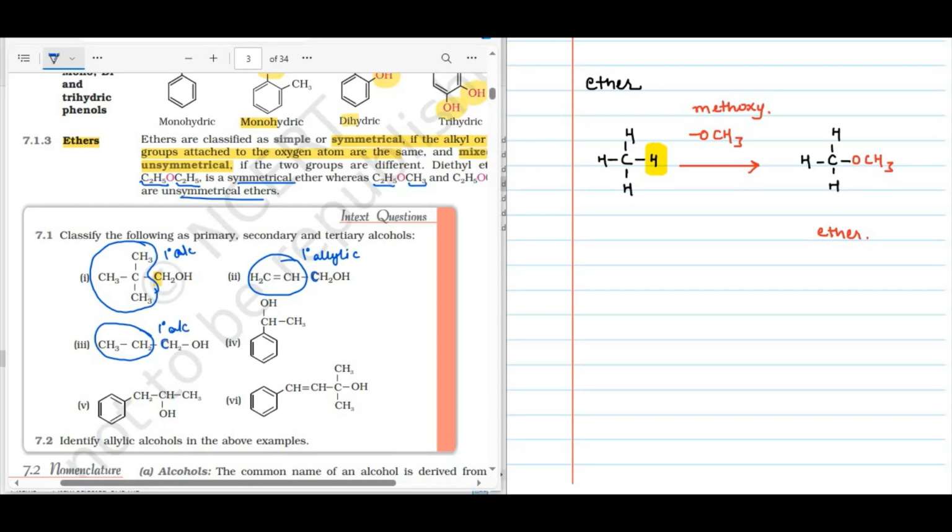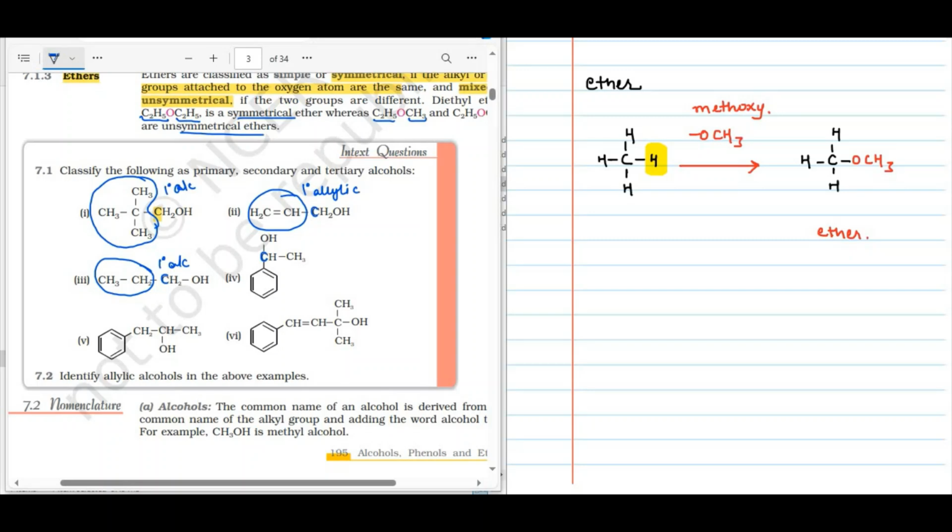In the fourth question, this is the carbon to which OH is bonded and this carbon is next to benzene ring. So this carbon is the benzylic carbon. And this benzylic carbon is bonded to one alkyl group and on this side a carbon is also there. So this benzylic carbon is secondary benzylic carbon.